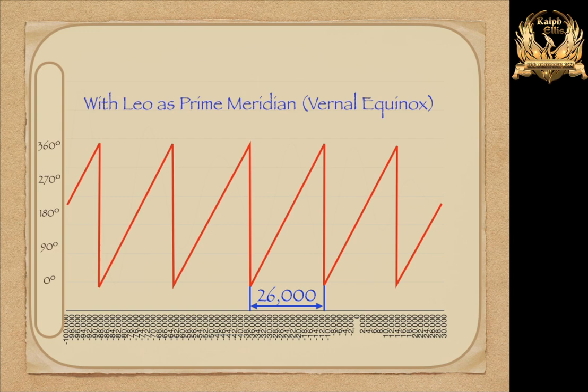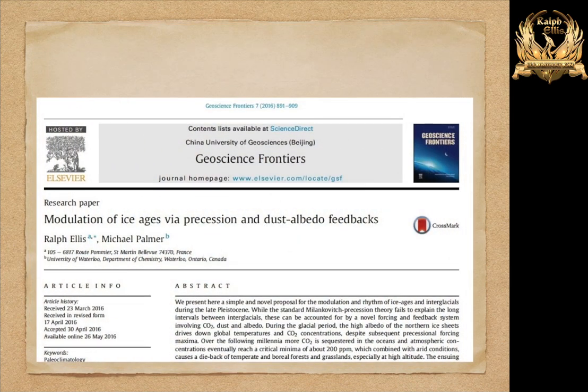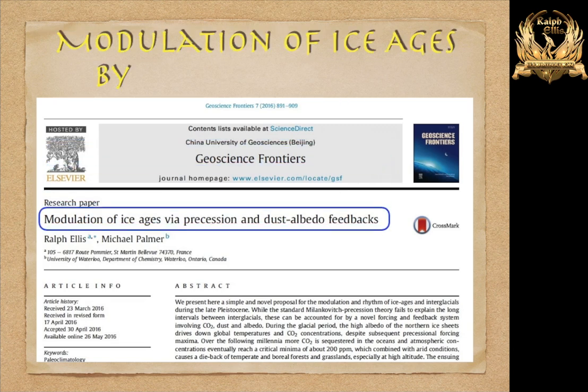And we can use that in dating our megaliths, but we can also use it in paleoclimatology. As I've spoken about before on this channel, I also wrote a science paper on the modulation of ice ages, and of course we use this precessional data in that dating. This was called modulation of ice ages via precession and dust albedo feedbacks.